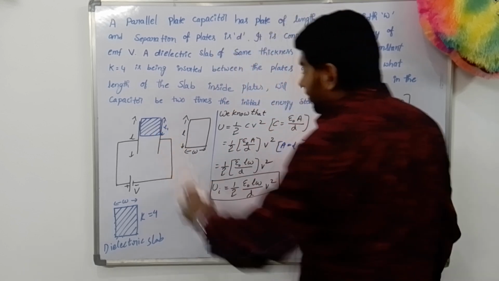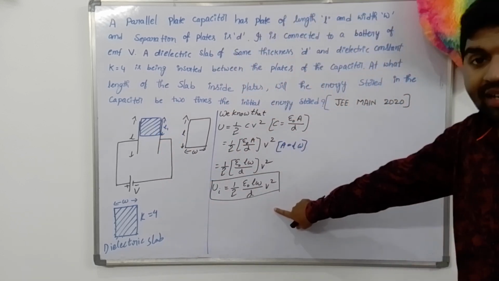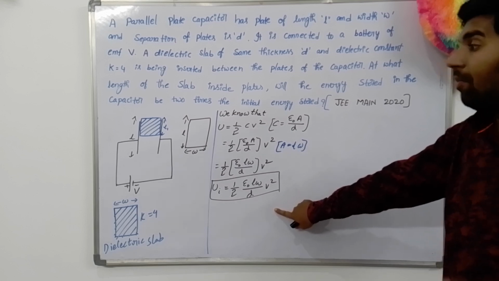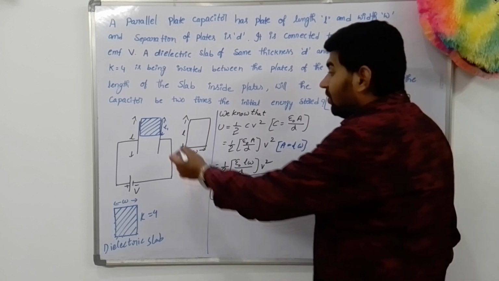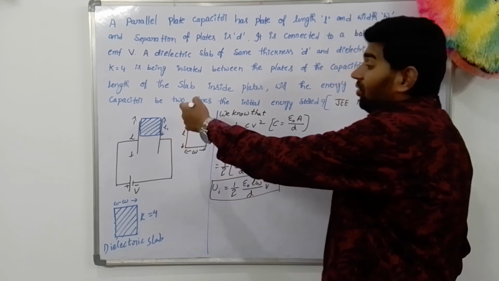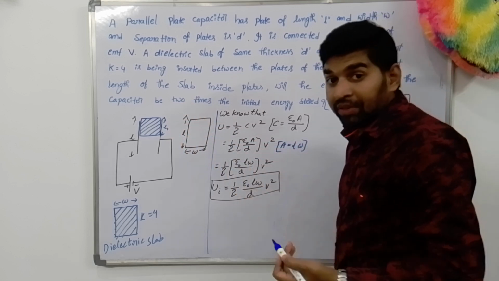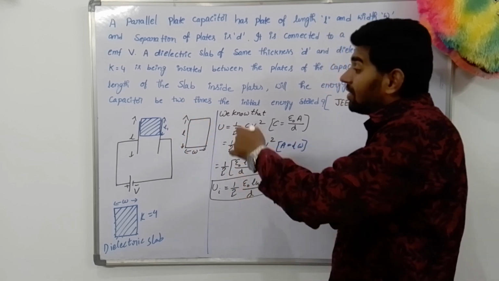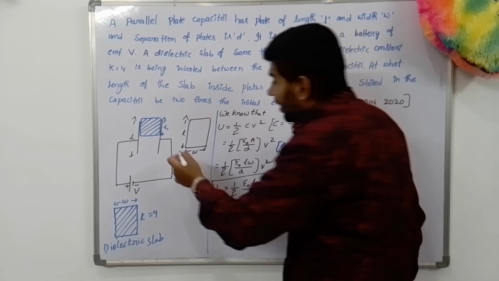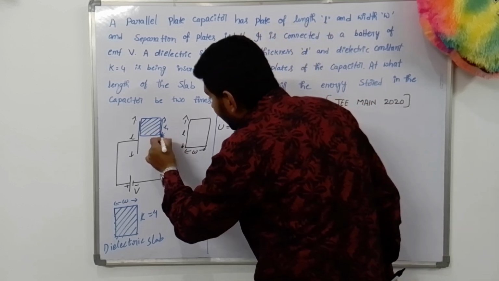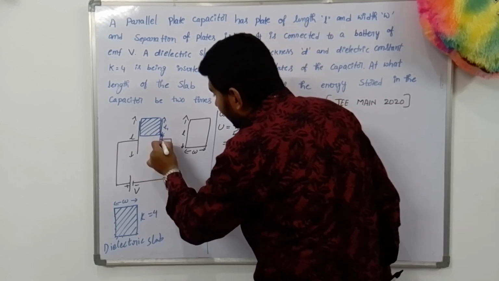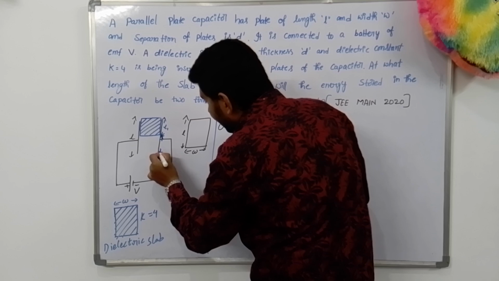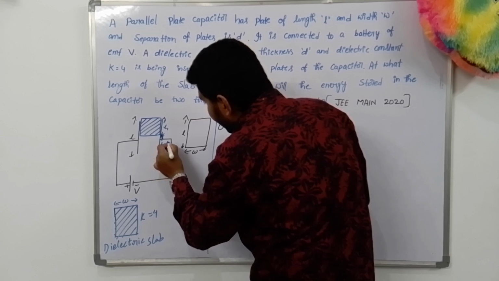At what length is the initial energy stored in the capacitor doubled? You have to find out this L1, nothing but the length of the dielectric slab which you have to place between the two plates. Let us assume if it is L1, the remaining length, I can write, is L minus L1. Is it clear?